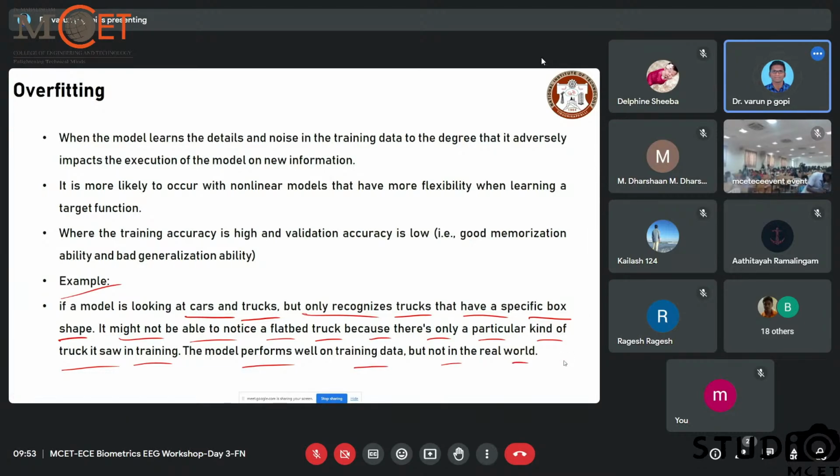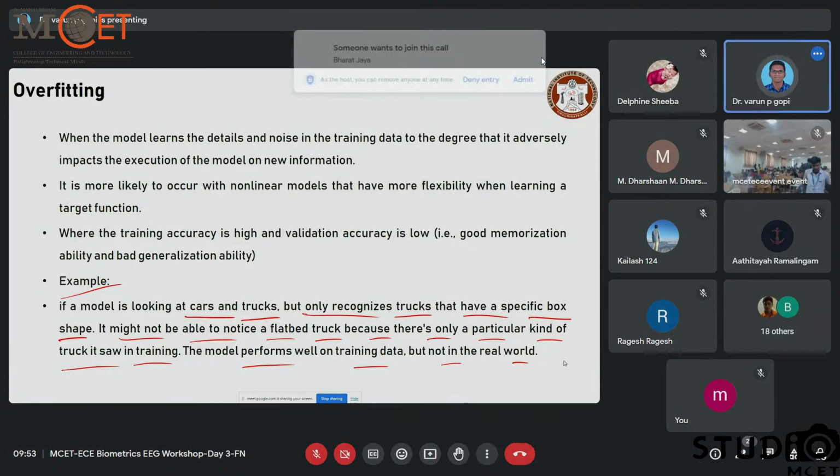I'm taking a small set of data of cars and trucks, and I'm training only with a specific box-shaped truck. But when I am testing, I give a flatbed truck. I'm not getting the result because during training the model didn't see any flatbed truck. So the training accuracy will be high because it is training with available data, but when validating, I am using another kind of image. So this will lead to overfitting.